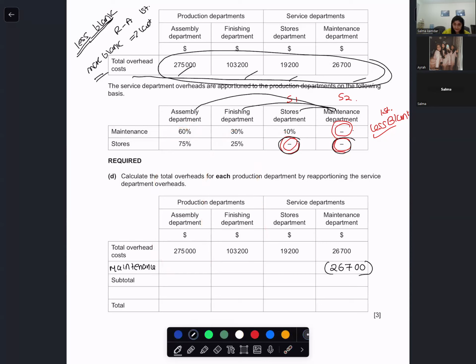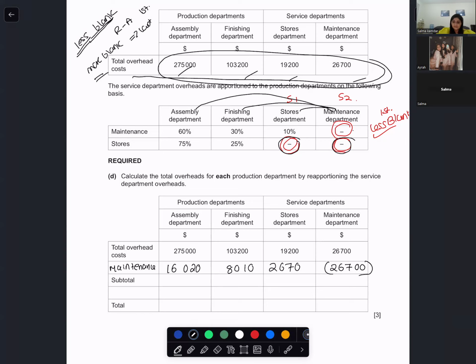The first one is 16,020. Then it is 8,010. 2,670. Are you with me? Yeah. Go ahead.